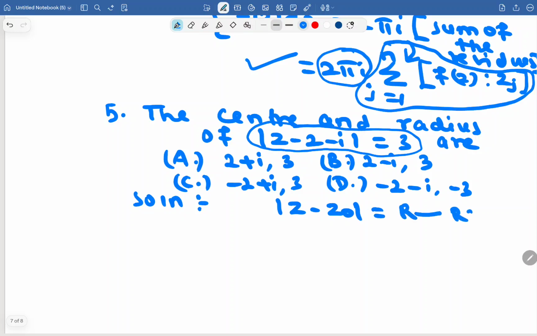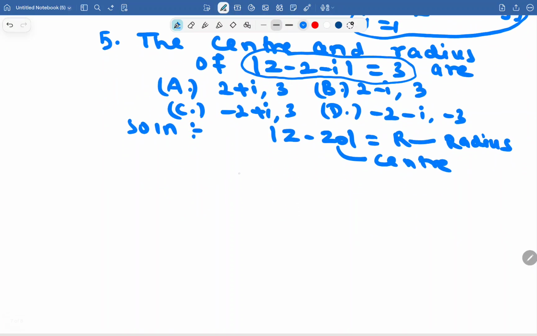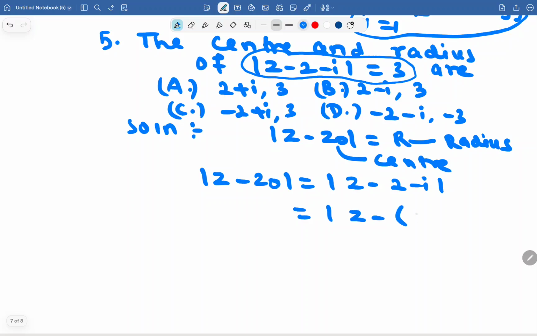This r is nothing but the radius, and this z naught is nothing but the center. Rewriting, modulus of z minus 2 minus i is modulus of z minus (2 plus i), which is equal to r.